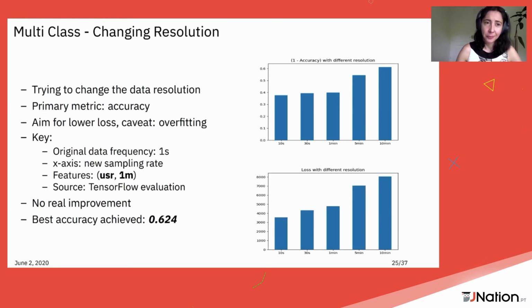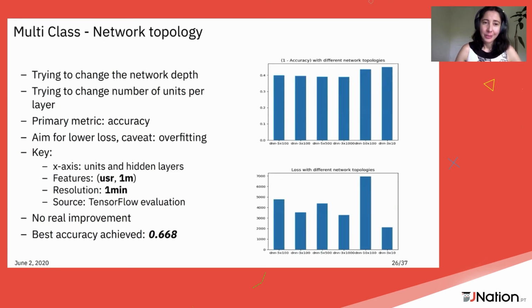As a third step, we changed the network topology. We tried more complex and less complex network topologies, but still no real improvement was achieved. So at this point, we thought there was something in the data that was not good for the classification model to be able to distinguish among classes.